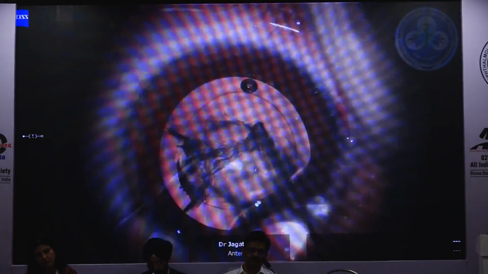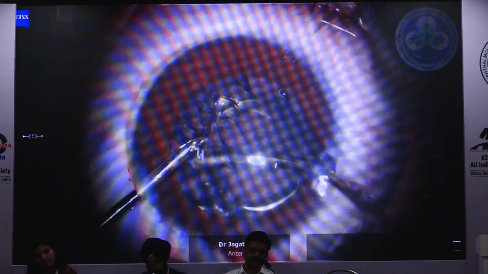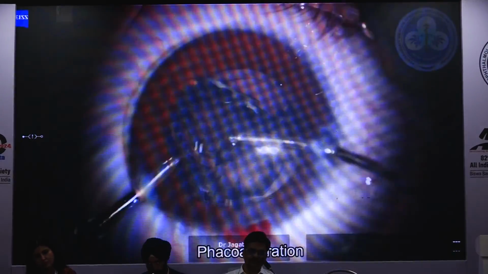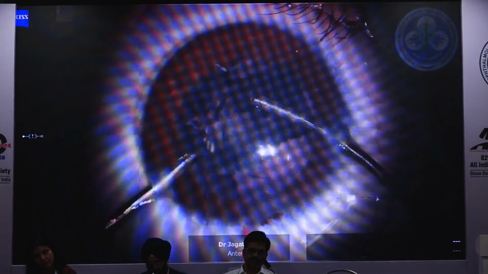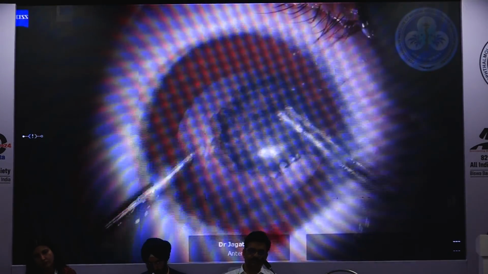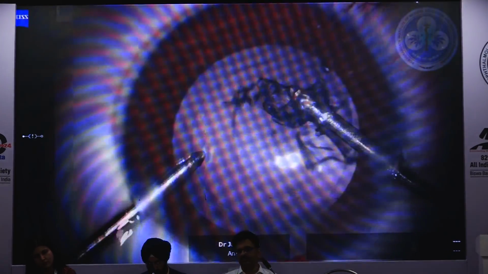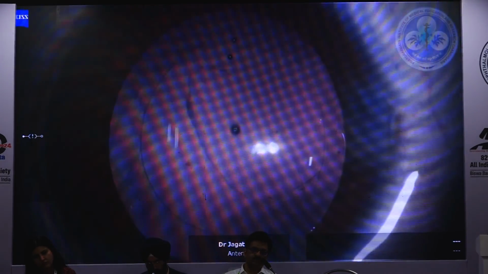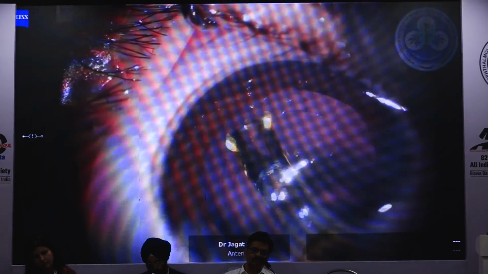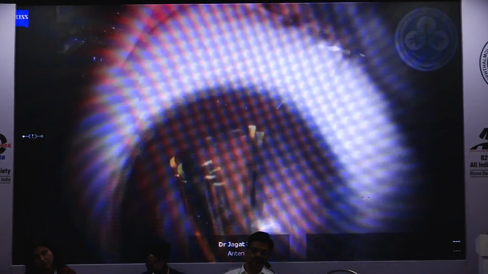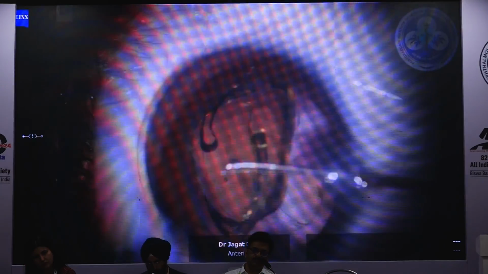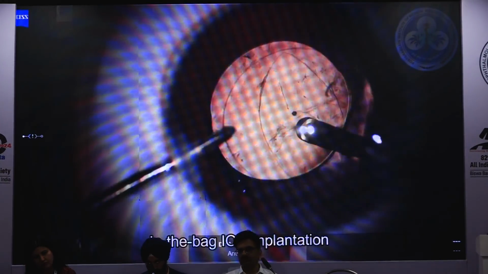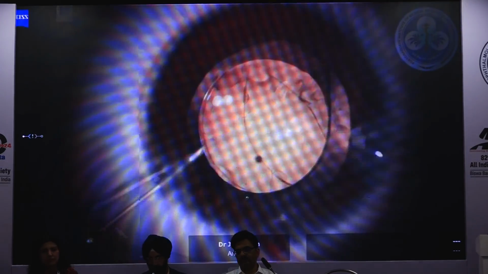So you have to do limited hydrodissection and remove the cortex from the capsular bag. So as anticipated, there was a posterior capsular tear, and IOL is implanted into the capsular bag. And sometimes little vitreous traction may be there, so that is removed.